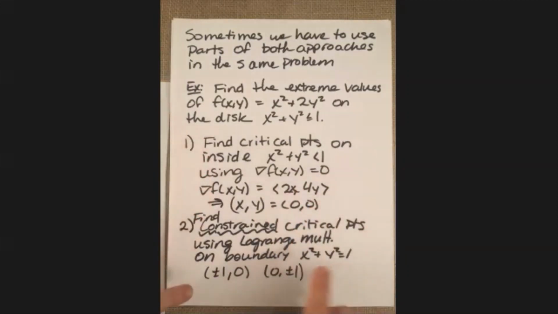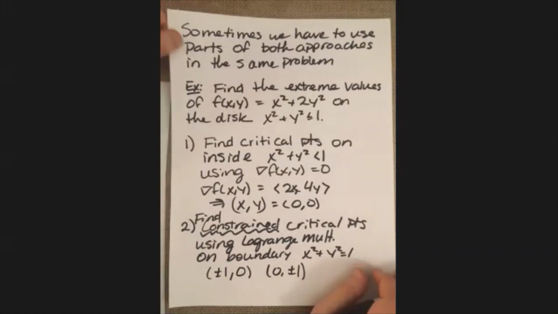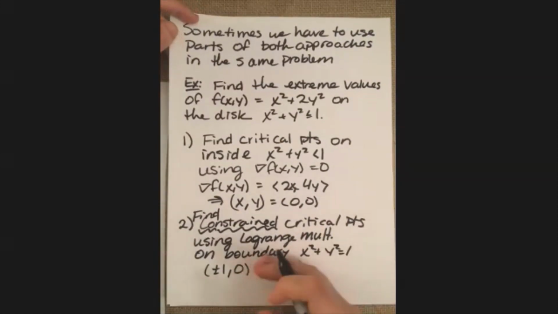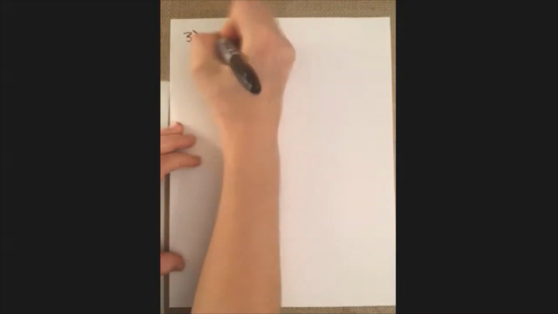We checked the inside, we checked the boundary. Now we just have to plug them all into f and see which ones are the biggest and which ones are the smallest. So that's our step 3.